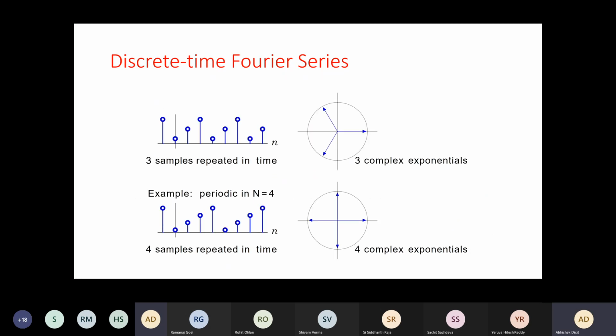What this means is, if you have a signal which is periodic with period 3, how many complex exponentials will we have? 3 complex exponentials. If the signal is periodic with period 4, how many complex exponentials will we have? 4 complex exponentials.